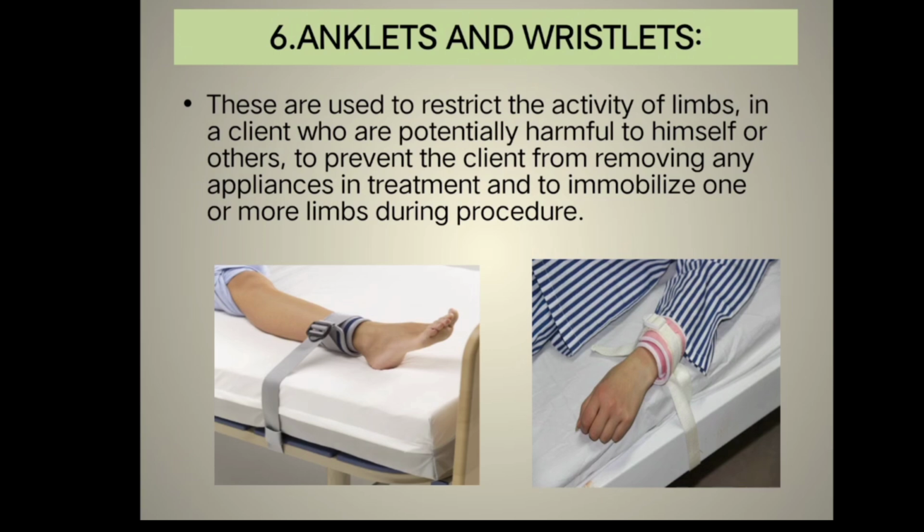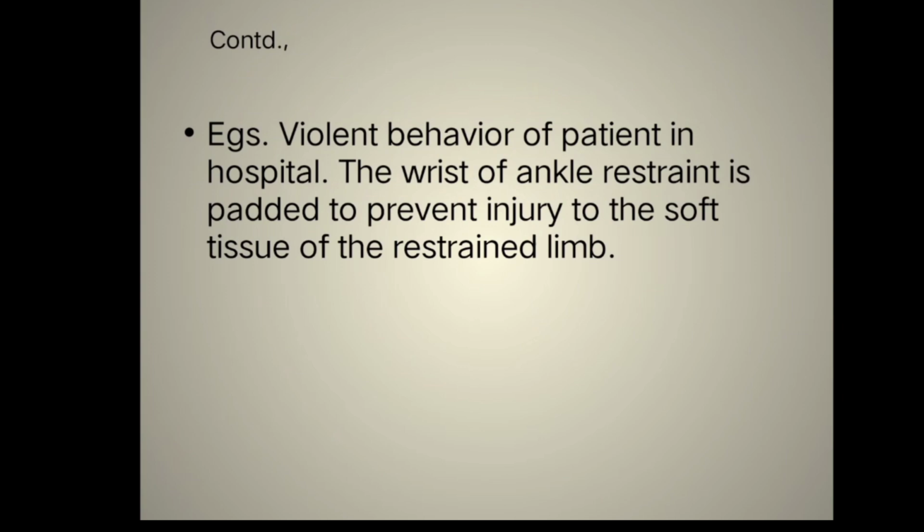So during any procedure or investigation like blood investigation or ABG analysis, or when the patient is very aggressive, in order to immobilize the extremities, we use anklets and wristlets to restrict the activity of the limbs. For example, in case of violent behavior of patients in hospital, the wrist or ankle restraint is padded to prevent injury to the soft tissues of the restrained limbs.